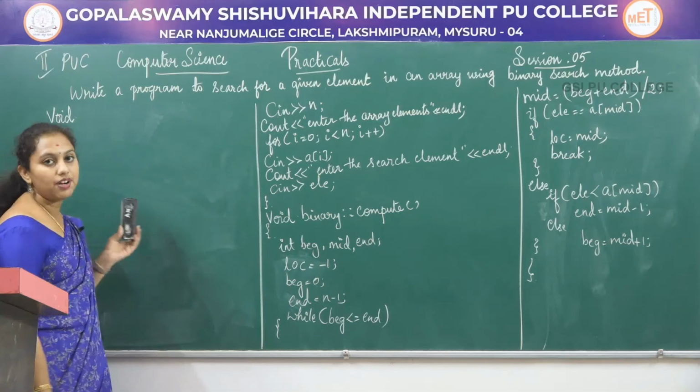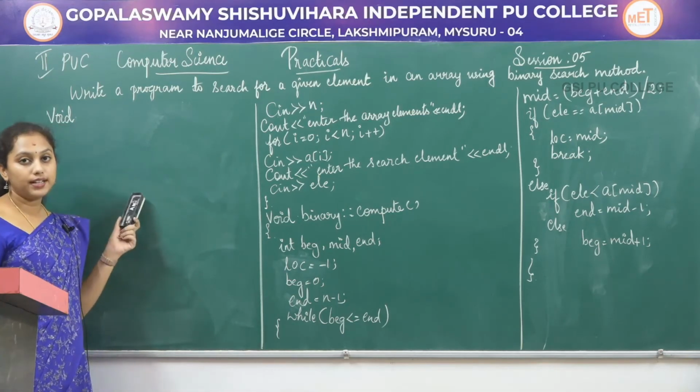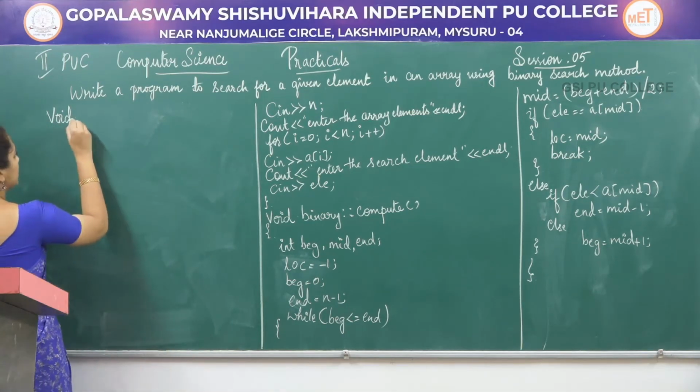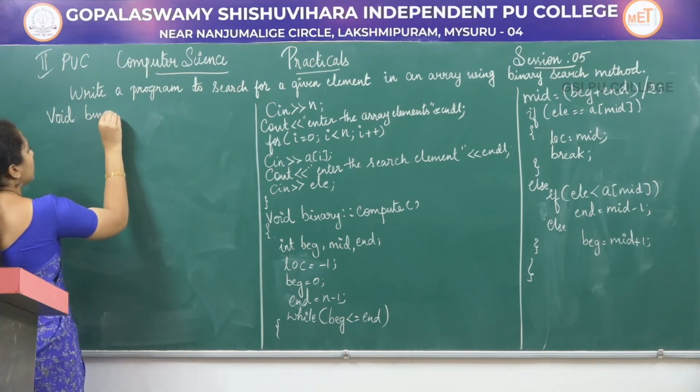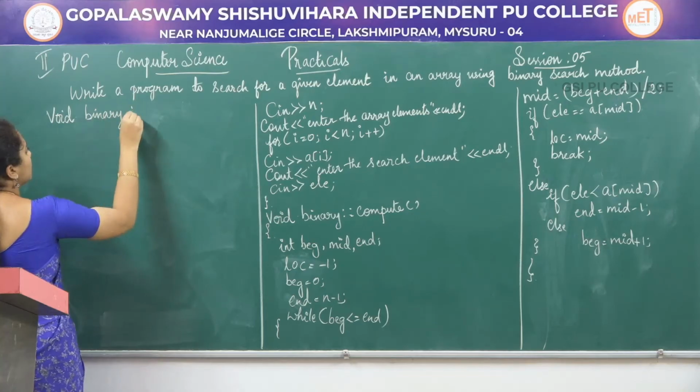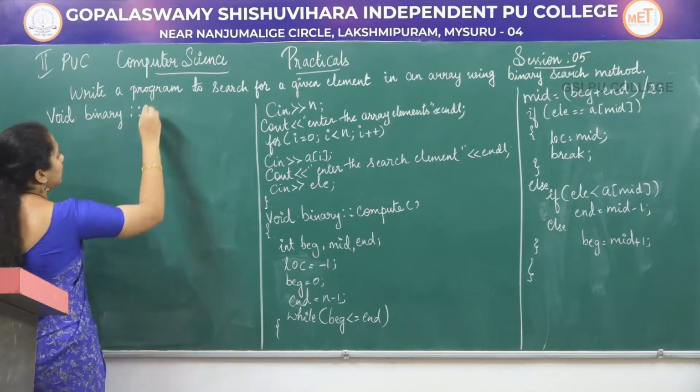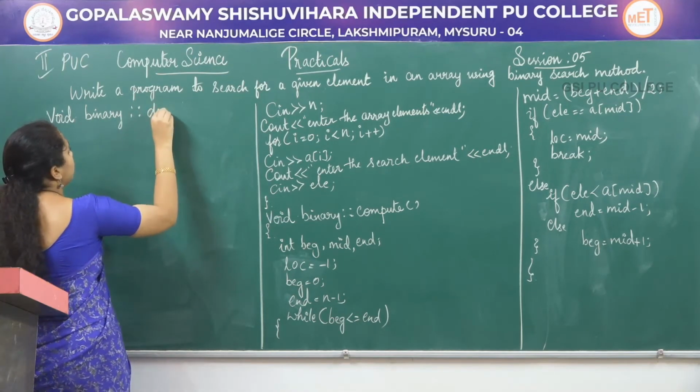Next function is to display the result. Here I am defining this function outside the class, hence we have to first mention the return type, void, followed by class name binary, scope resolution operator, then display function.